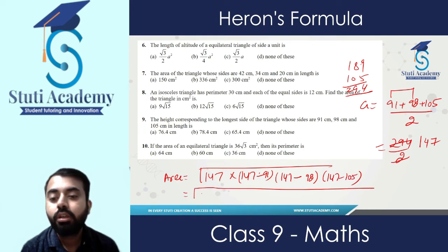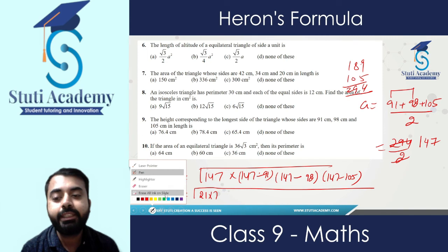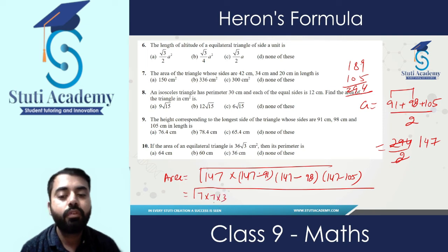It is 21 into 7, or I can write it like this: 7 into 7 into 3, right?